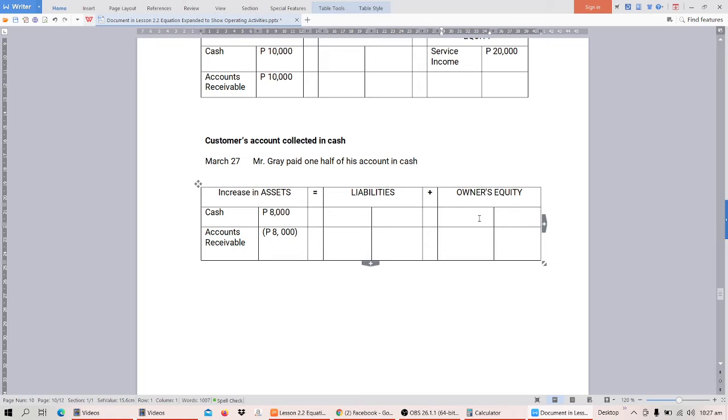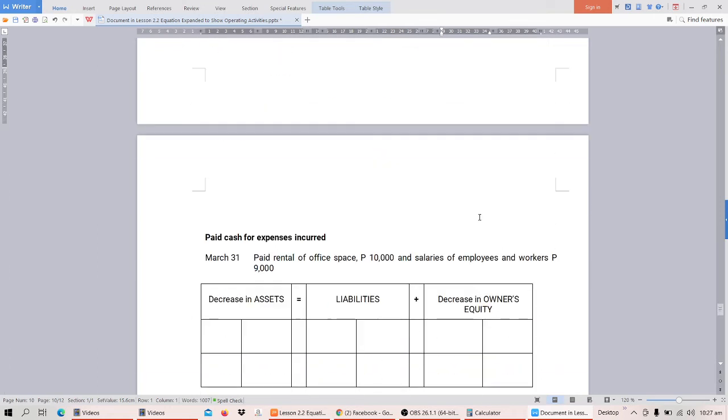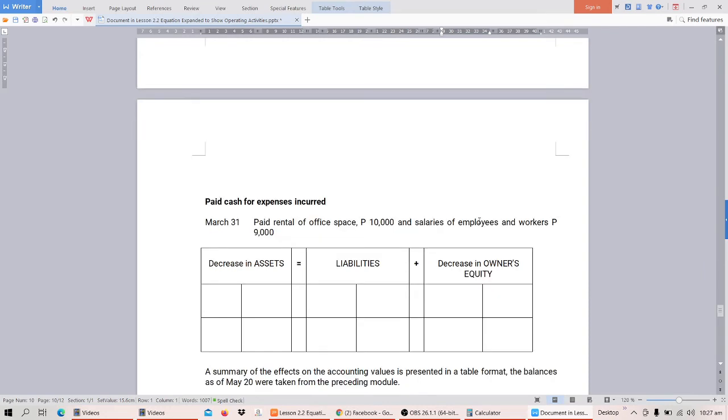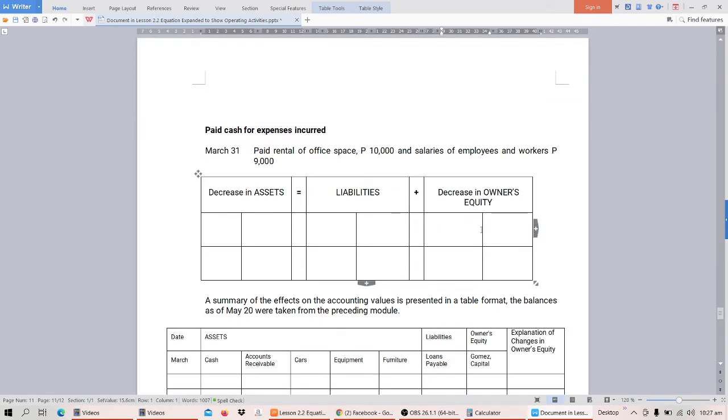Okay? And on March 31, you paid rental of office space by 10,000 pesos and salaries of employees and workers by 9,000 pesos. So there will be a decrease in cash amounting to 10,000 plus 9,000, which is 19,000. At the same time, a decrease also in your owner's equity.